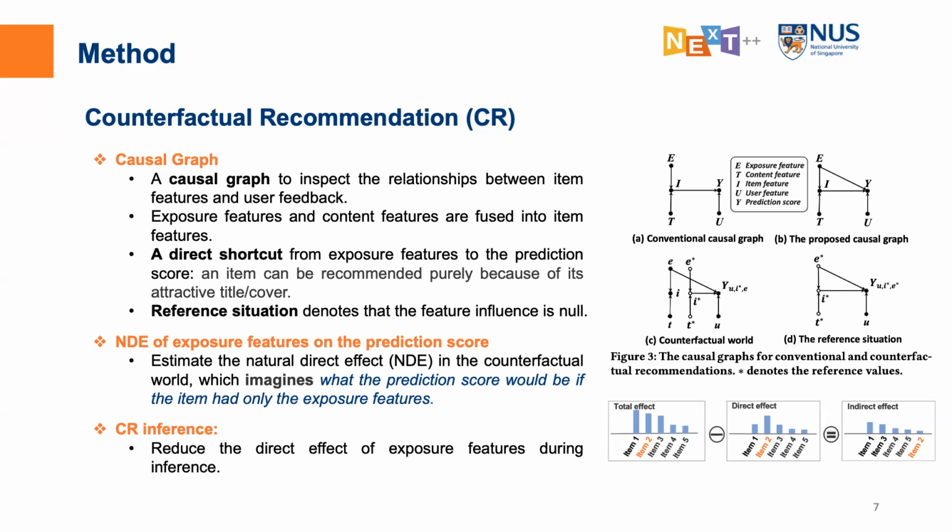So we treat the title and cover image as exposure features. We use a pre-trained language model to extract the textual features and a pre-trained ResNet to extract the visual features. And for video, the features have been extracted by the dataset platform. Yeah, so we just use them. Okay, that makes sense.